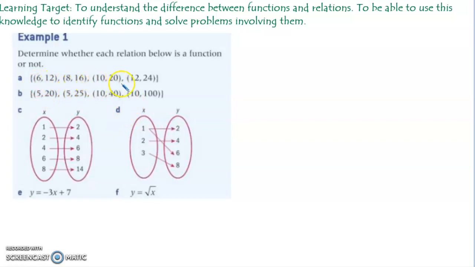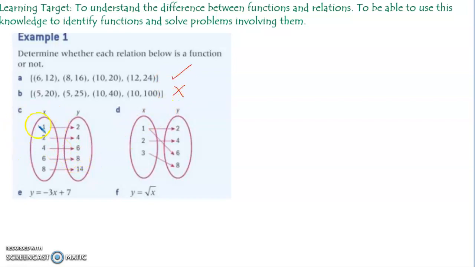Automatically, because we don't see the domain repeat, we can say yes, that is a function. Whereas in the second one, when I go through these coordinates, I see that 5 is associated with 20 and with 25. Okay, that does not fit the one-to-one mapping or the many-to-one mapping. Okay, so this is not a function.